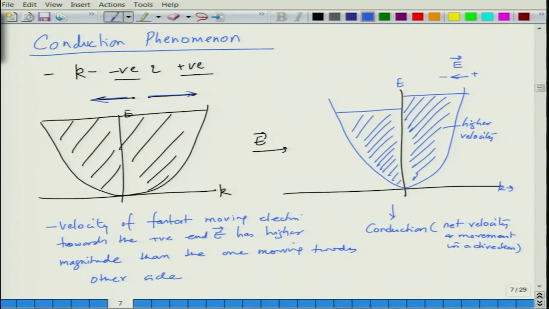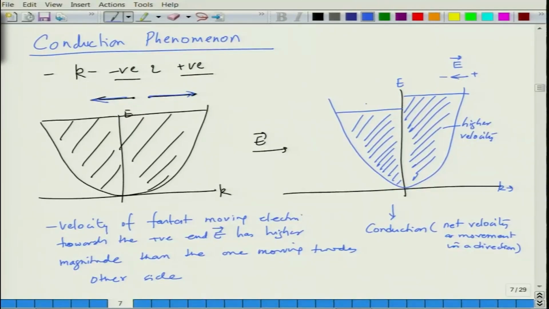This happens only when there are states available above EF. If the states above EF are all empty, as happens in insulators, then there is a problem. In metals, the states are available, there is no energy gap, and hence you can always find states in which electrons can move.